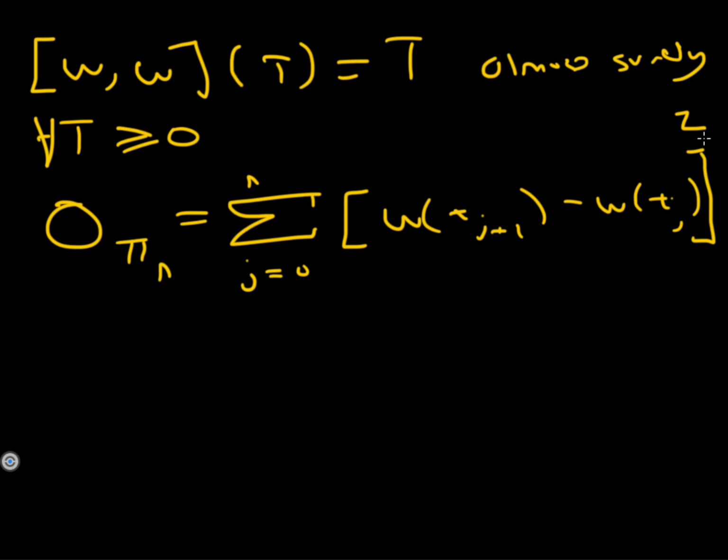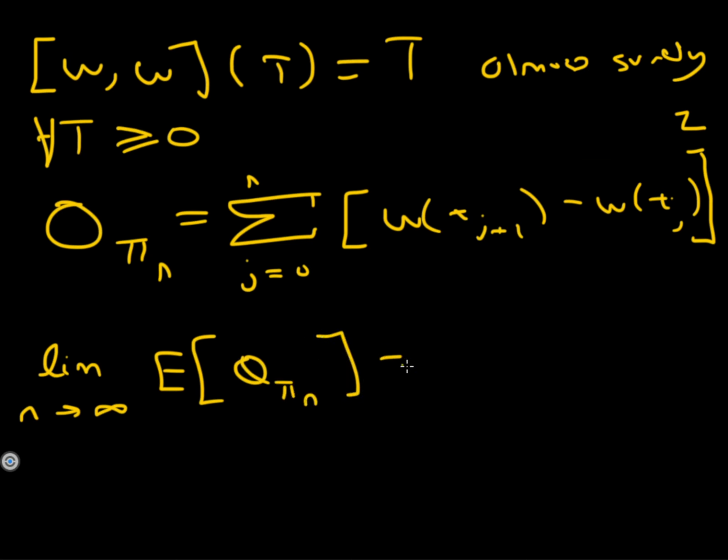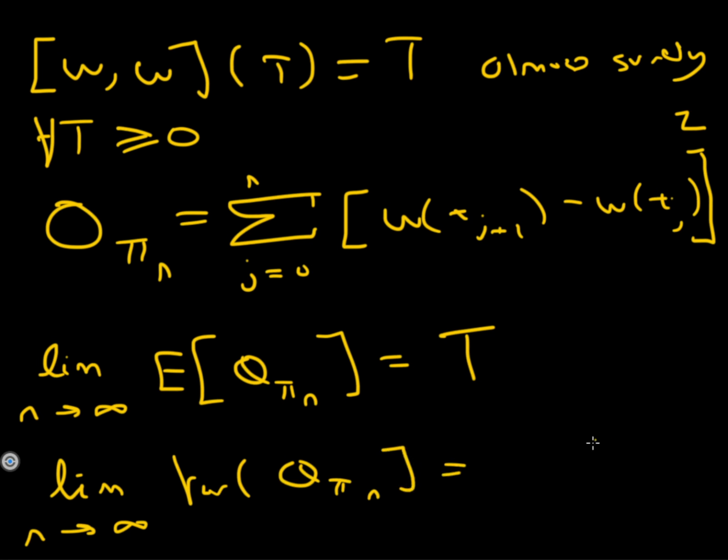Now, if you look at the expectation and the variance, which is quite simple to compute, so I will not showcase how we compute it, if you look at the limit as n tends to infinity of the quadratic variation, we'll see that the expectation tends towards t as n tends to infinity, while the variance tends towards 0.